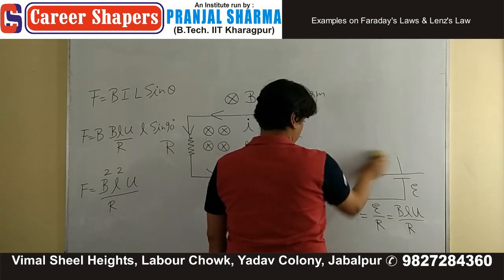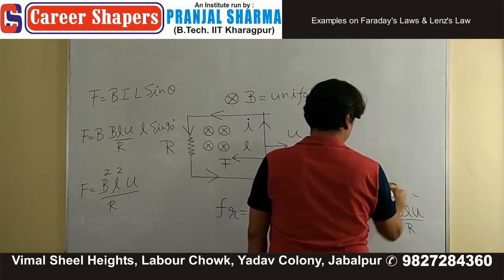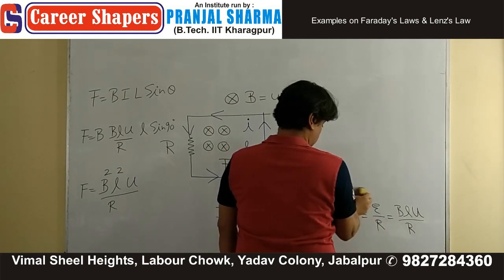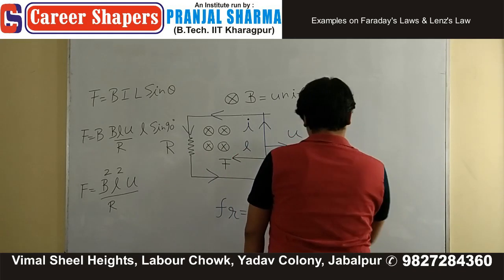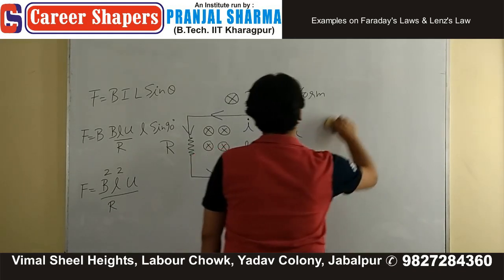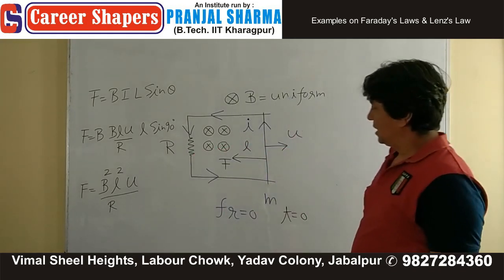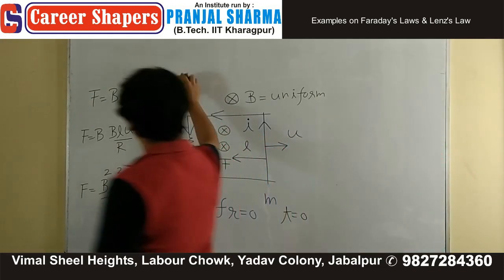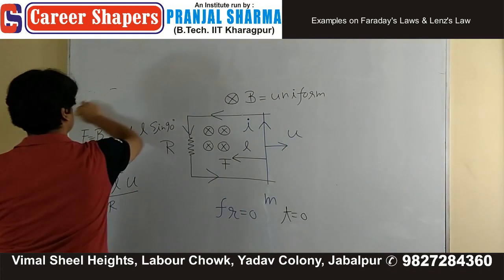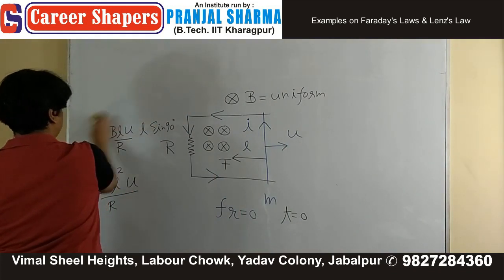And remember the logic which I have given you. Since the rod is moving, it is producing what? An EMF. And that EMF is creating what? Current. When current flows, heat comes out.